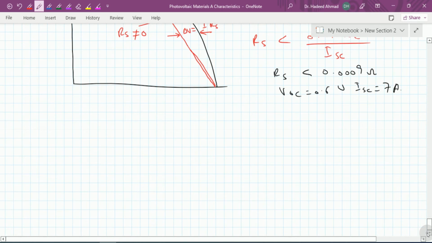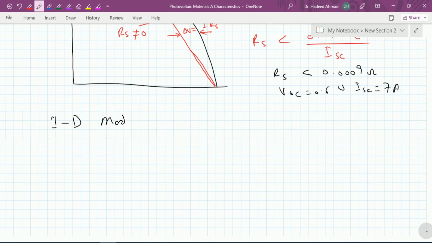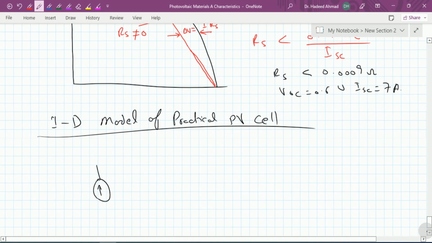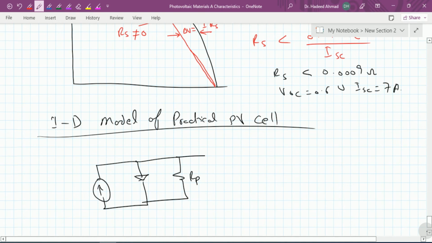And usually it is stated that the PV model which is a good compromise between accuracy and simplicity is known as the complete one diode model. This is the one diode model of a practical PV cell, and it contains the current source, this PN junction diode, this resistance Rp, and this resistance Rs.